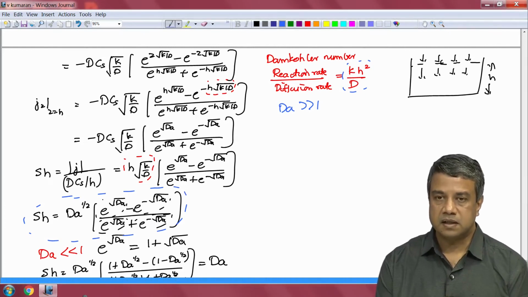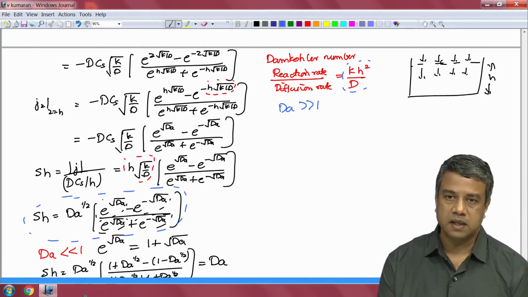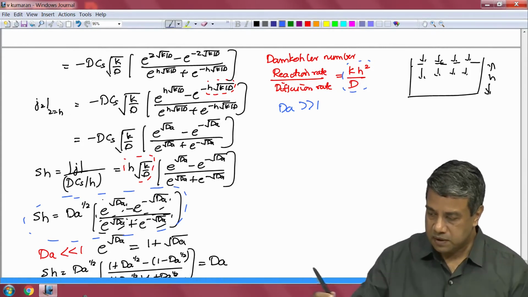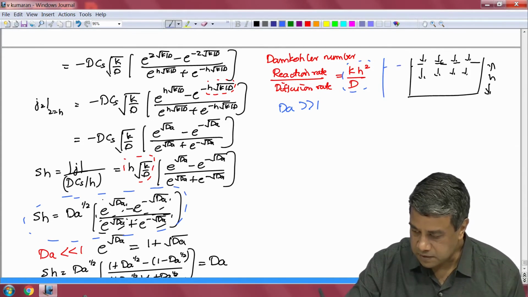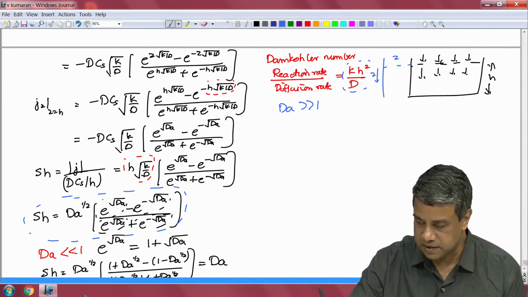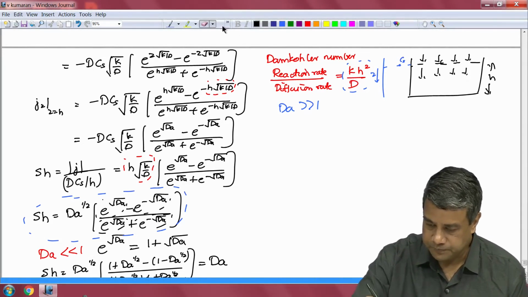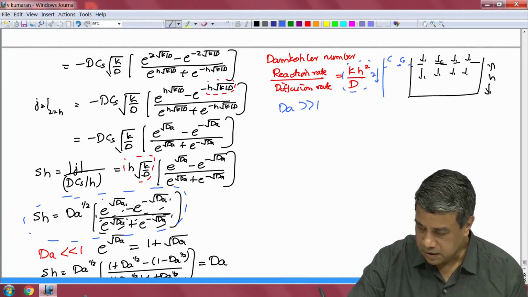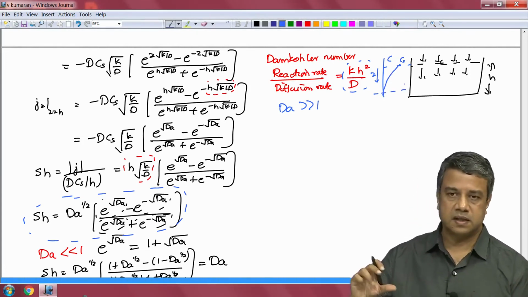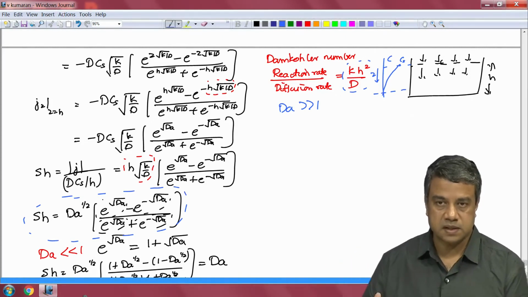So, the material will get consumed by reaction before it diffuses very far. Therefore, if you plot the concentration as a function of distance from the free surface, it will start off at Cs, and it will very quickly come down to 0, over a thickness which is much smaller than the height h, because the material is getting consumed before it diffuses.